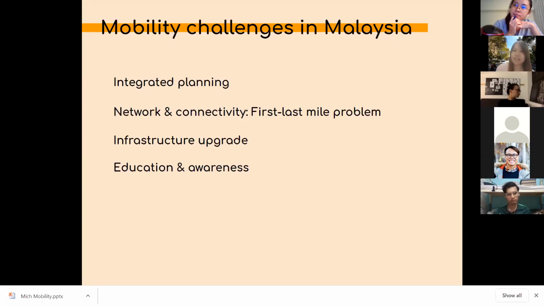education and awareness. This is something that I think is the lowest barrier and everyone can do, at least in this meeting, because behavioral change is definitely important, and it requires knowledge transfer.